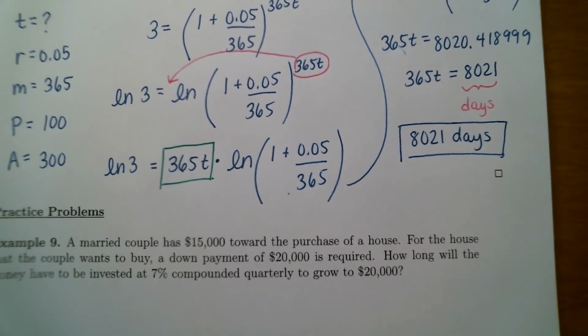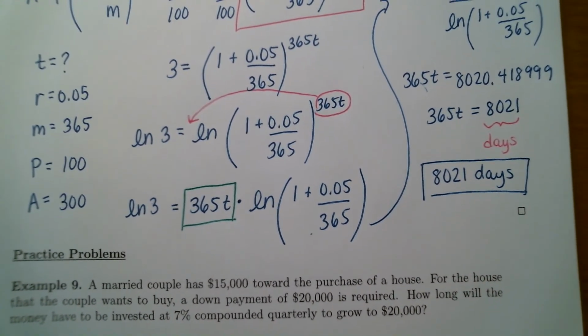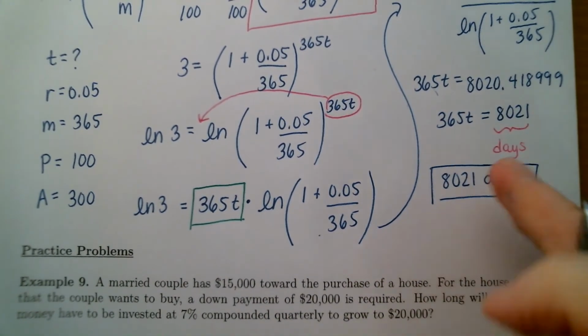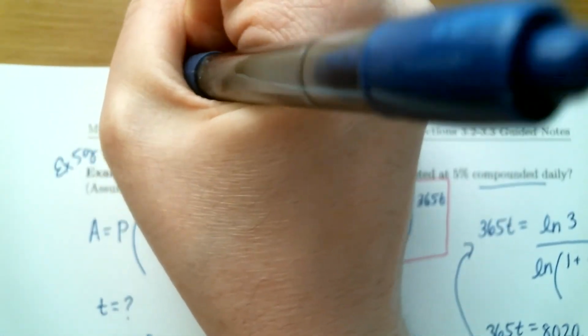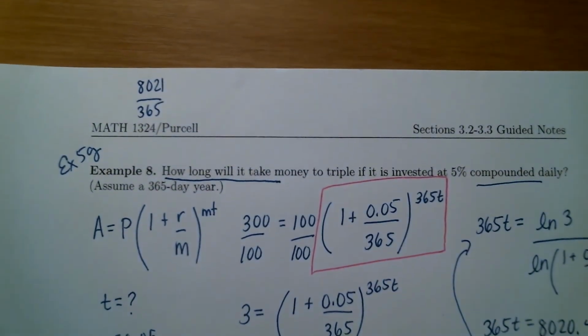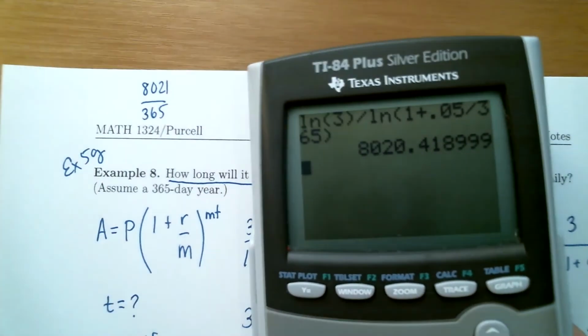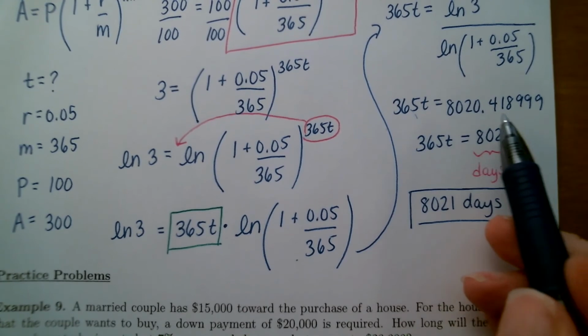So I'm going to go up here and do it so we don't get confused. I'm going to take the 8,021 and divide by 365, because there are 365 days in a year. That's what we're assuming here. The reason I didn't do it down here was because you needed to round up time.